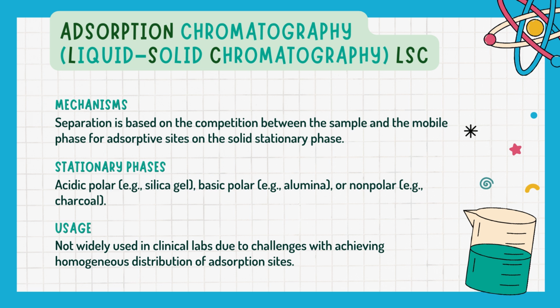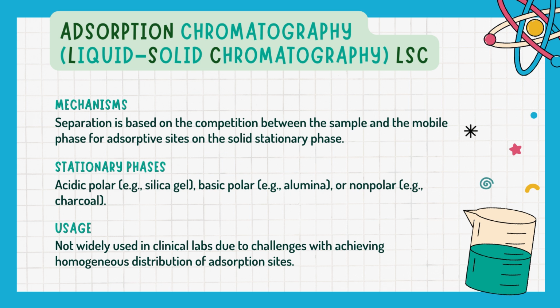In this technique, the stationary phase is a solid material, such as silica or alumina, and these solid materials are responsible for the adsorption of the components of the sample. The mobile phase is a liquid, of course, and it flows over the stationary phase, carrying the sample.